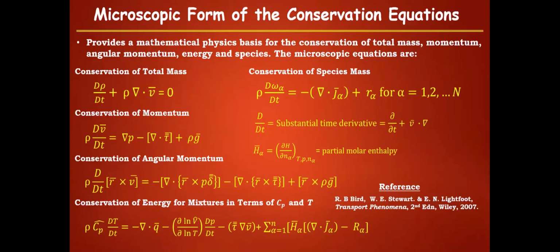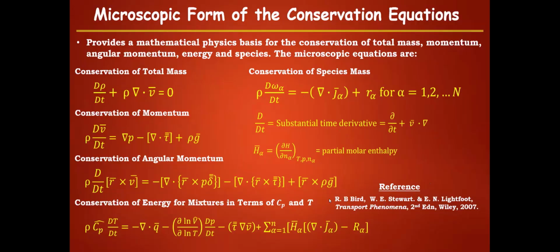Now, the fundamental underpinning of transport is basically the equations shown here in vector form, which involve what I call mathematical physics, for conservation of total mass, momentum, angular momentum, conservation of energy in the presence of mixtures, and also conservation of species.